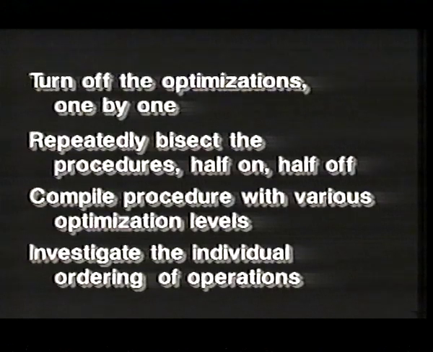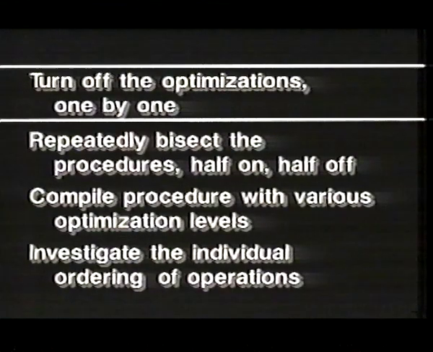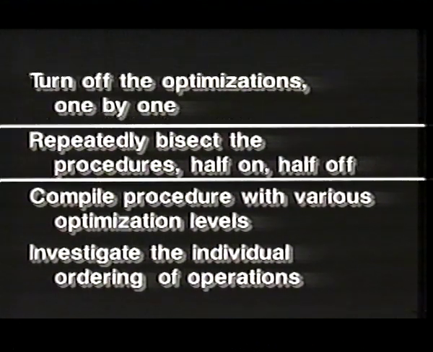First, you must repeatedly compile the application with a different inter-procedural optimization turned off, for instance, inline none or clone none, until you find the optimization causing the difference. Second, you must repeatedly bisect the procedures with this optimization turned off for half and on for half until you find the procedure causing the difference.